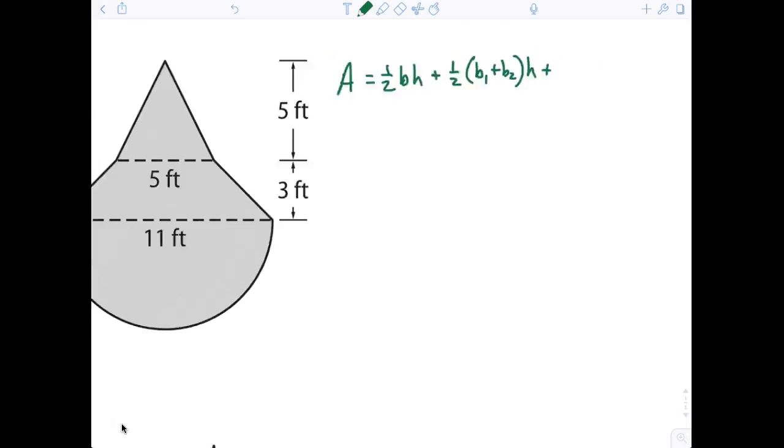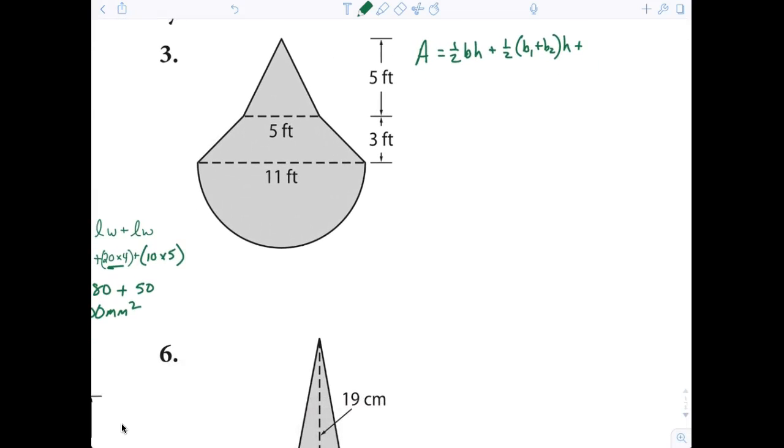Okay, area of a semicircle. Justice, what was the formula for the area of a semicircle? What's the formula for a circle? Yosef, what's the formula for area of a circle? Ian, area of a circle, isn't it pi times r squared?